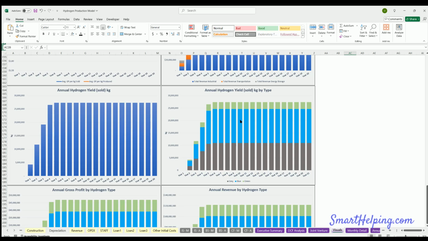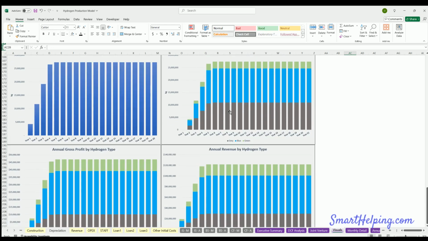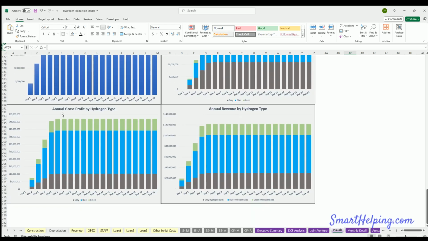And then again, that all adjusts with the different assumptions. And I try to color these. I am colorblind red and green, but I can sort of get the colors right. So here I try to do gray as gray hydrogen, blue as blue, and green as green hydrogen for these ones that have the types. You've also got your annual gross profit by hydrogen type and annual revenue by hydrogen type.